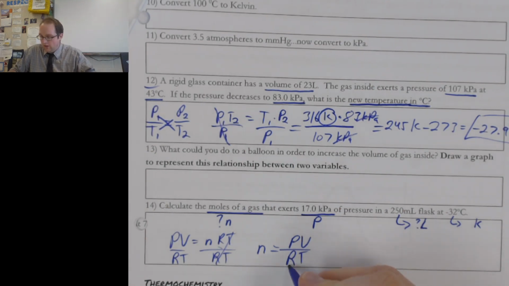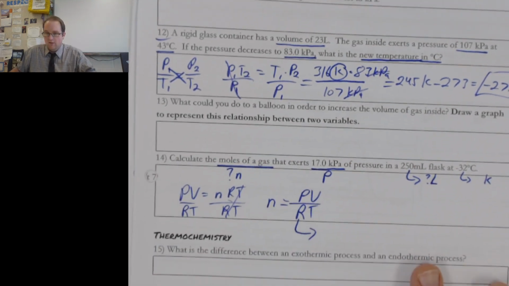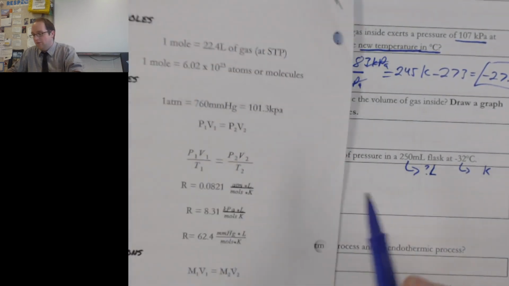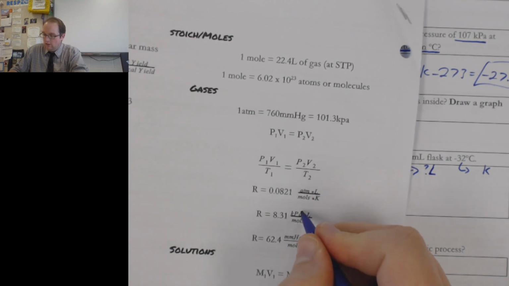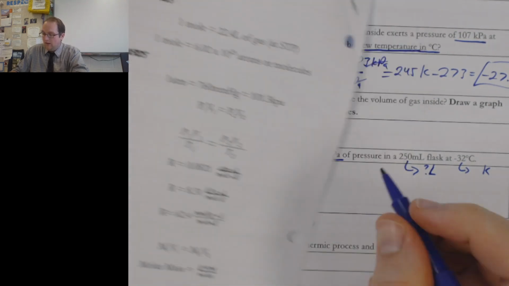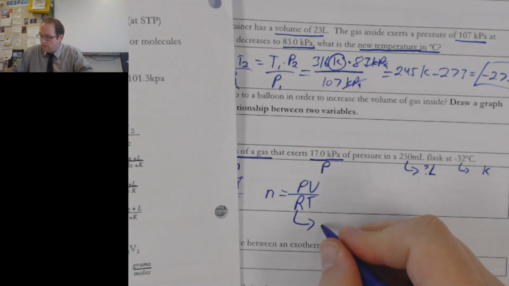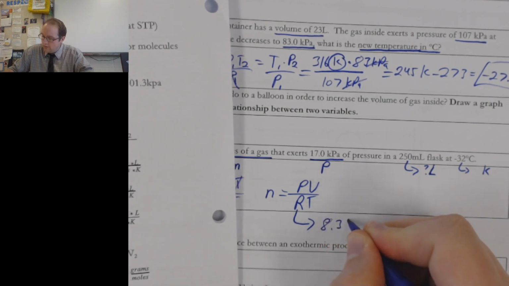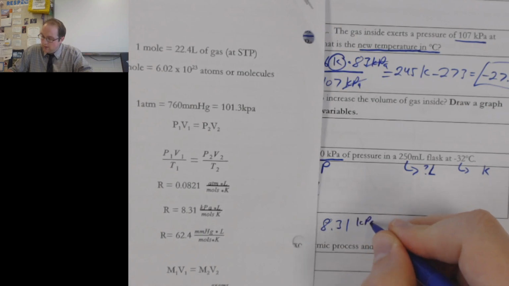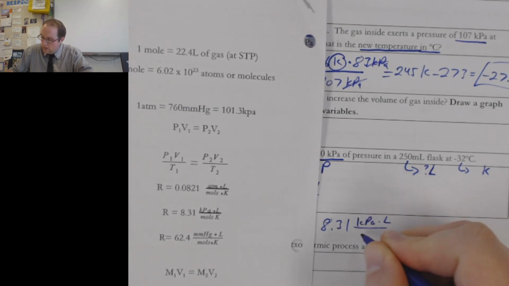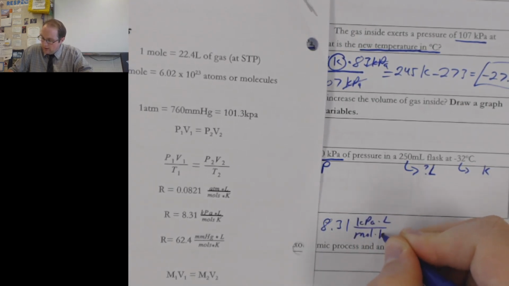Last thing to think about there is what is that R value? You're going to want to make sure that your R value in this problem matches your units. We have three possibilities. Which one is it going to be? We're going to use the one with kPa because that matches the units of our pressure. So our R value in this problem is going to be 8.31, with units of kPa times liters over moles times degrees Kelvin.